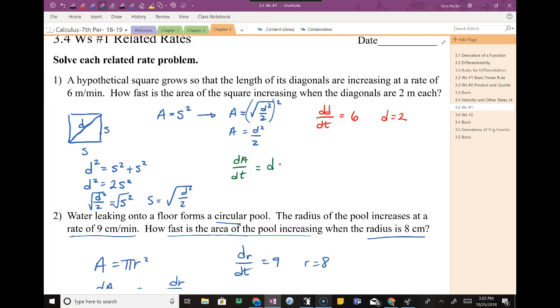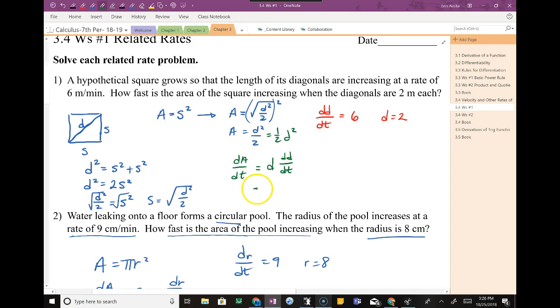For the derivative, when I derive d squared over 2, 2 times 1/2 is 1, and then I lose 1 from the exponent. Okay, what do I need at the end of this? Because we derive d, we have to say times dd/dt.